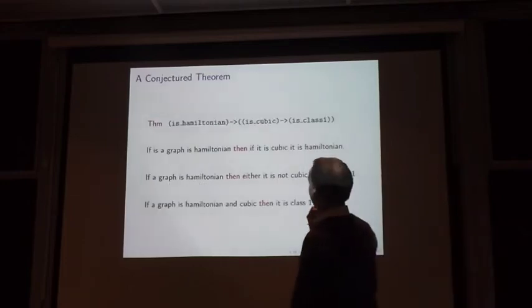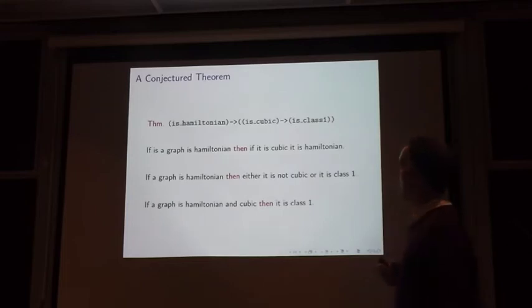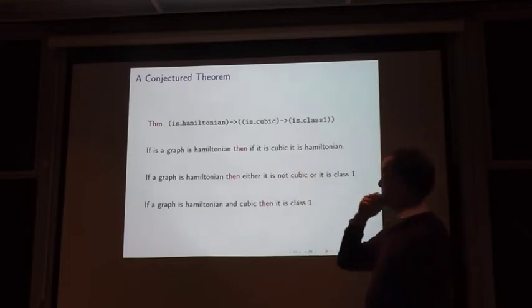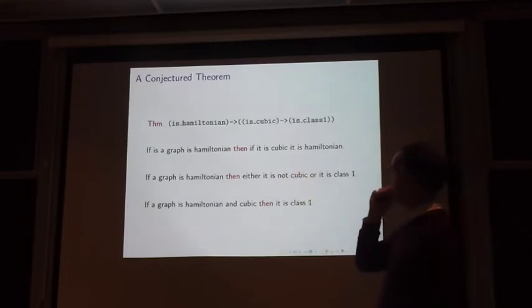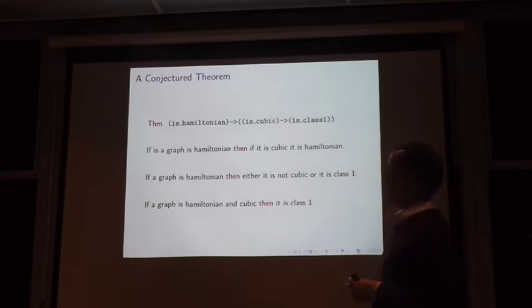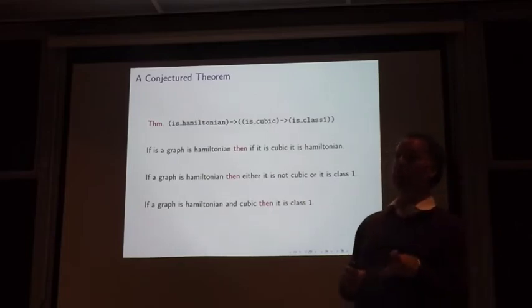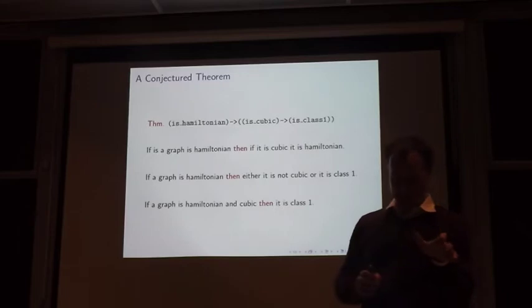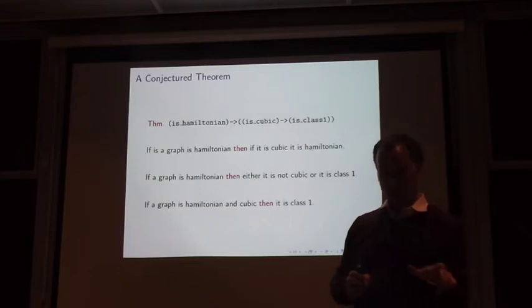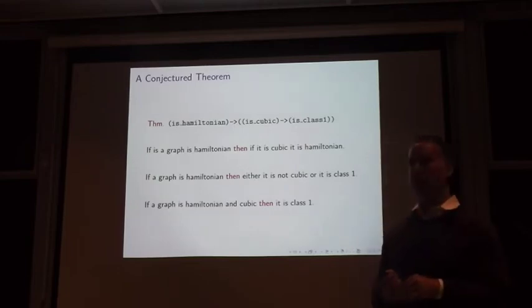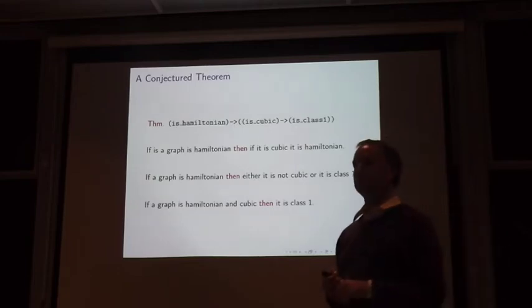Here's a curiosity that the program made. The program conjectured that if a graph is Hamiltonian and cubic, it's class 1. Class 1 here is, Vizing's theorem says that you can properly color the edges with either a number of colors which is the maximum degree of the graph, or the maximum degree plus 1.